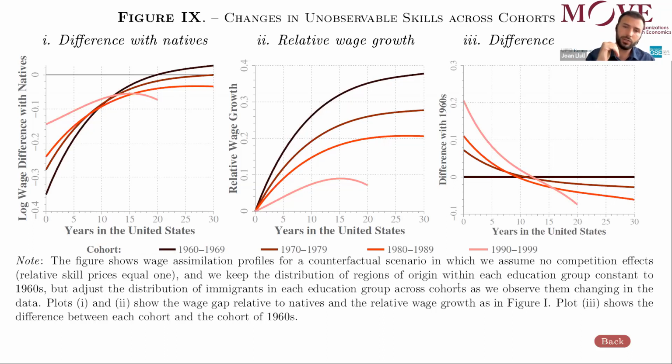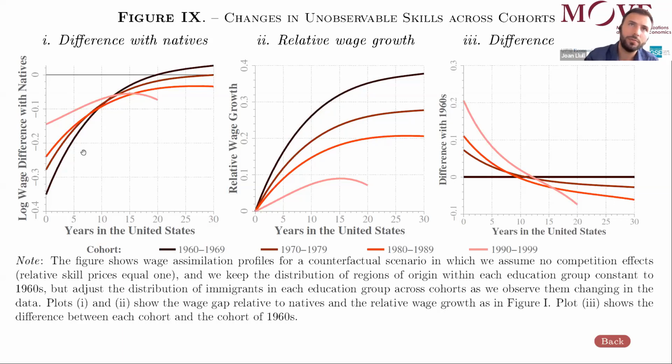If he arrived in the 1960s, he would be this dark line over here, then the 1970s would be this less dark line, then the 1980s and 1990s. The first two graphs are the same idea as the first graph I showed you before, and the third graph is the difference relative to the 1960s cohort.